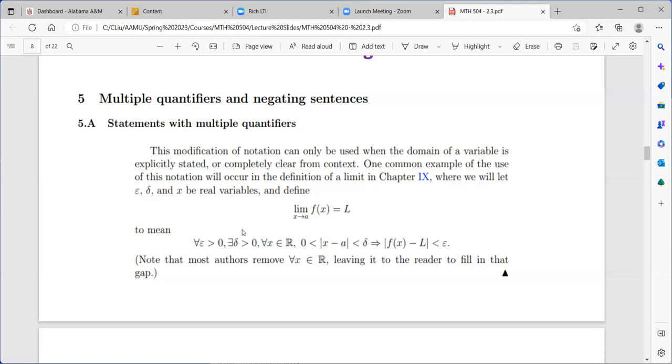We call the second positive number delta, so that for any real number x, if the absolute value of x minus a is greater than 0 and less than delta, then we can conclude, or it implies, that the absolute value of f(x) minus some number L is less than epsilon. That's the formal definition of limit.